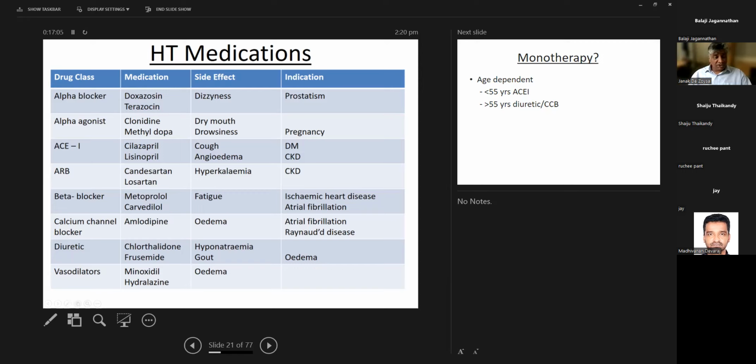And of course, we're keen on diuretics to try and induce natriuresis. So we can have long-acting diuretics such as chlorthalidone, or shorter-acting diuretics such as furosemide or bumetanide. And then we've got the vasodilators such as minoxidil, which we often think of as fourth or fifth line types of therapies.